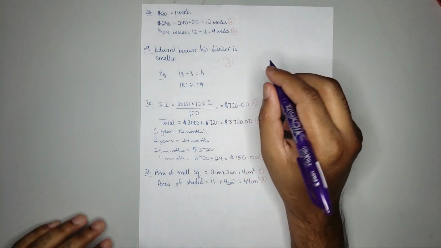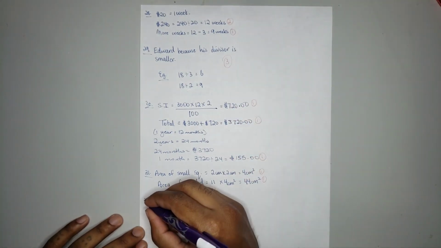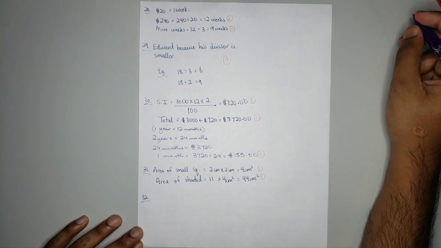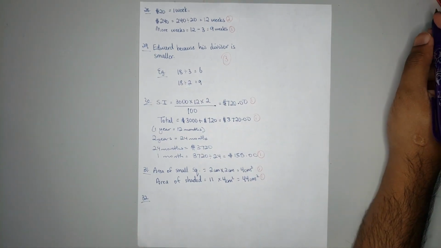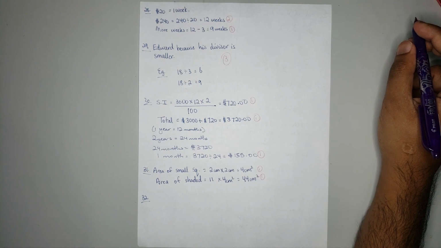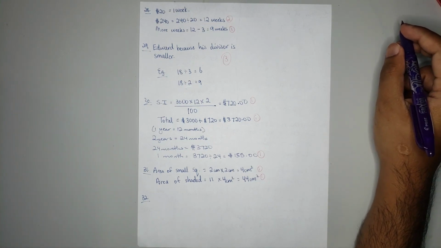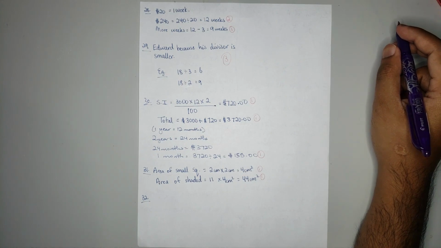Number 32. He departs his car from 9 a.m. to 12:45 p.m. How much money does he pay for parking?